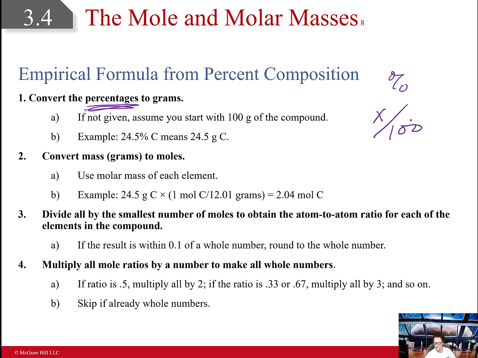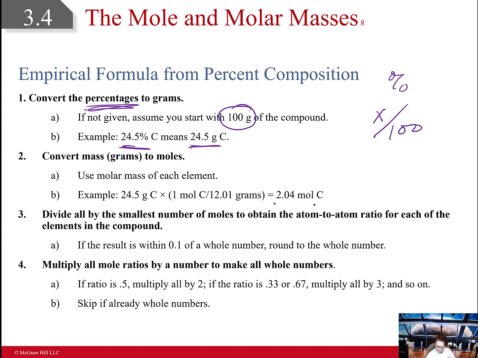So you can assume, instead of calling it a percent, just say it's 100 grams. If you've got 24.5% carbon, that would mean you had 24.5 grams of carbon. And when you do that, then you can use those grams, use the molar mass, and figure out how many moles of each thing you have.